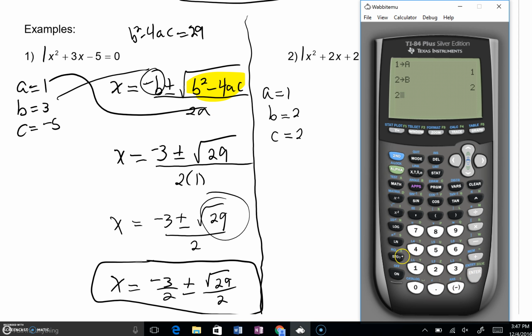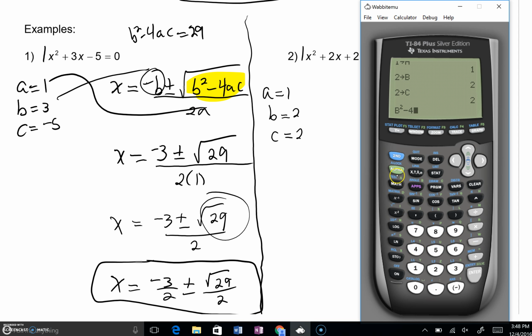Finally, we'll hit 2, store, then we'll hit alpha C. Now, at this point, all you got to work out is what b squared minus 4ac is.